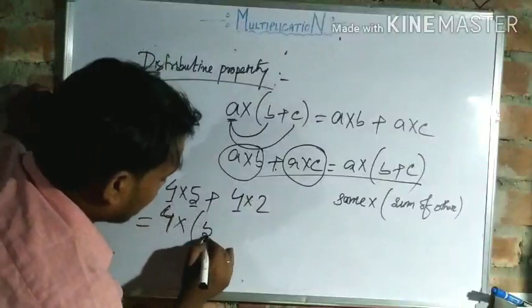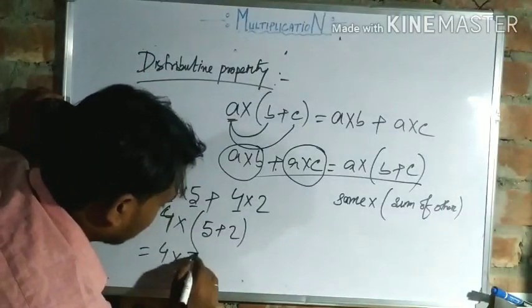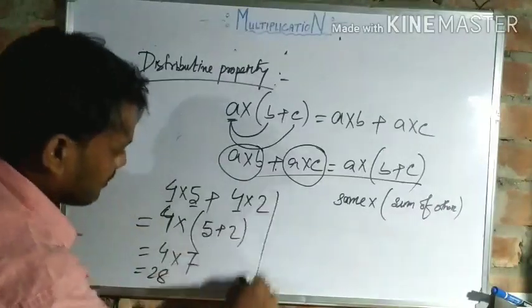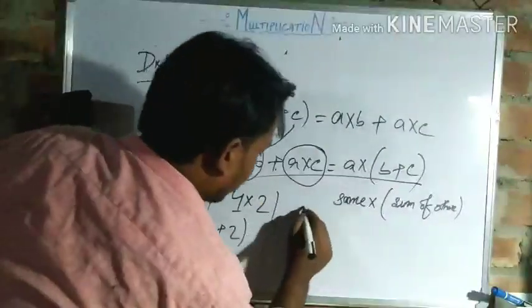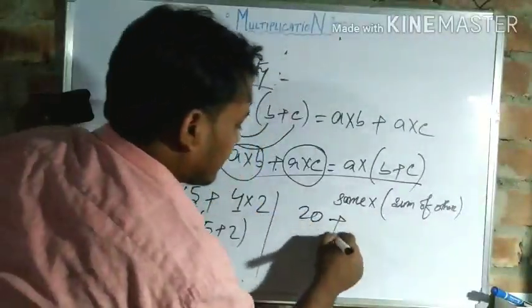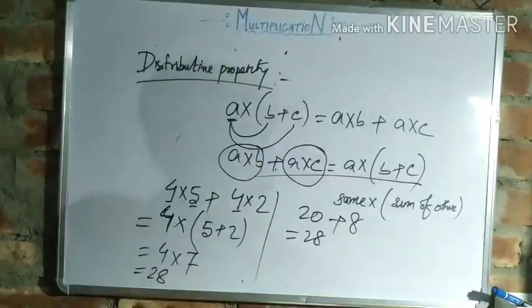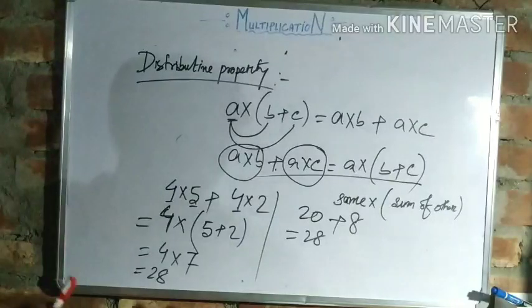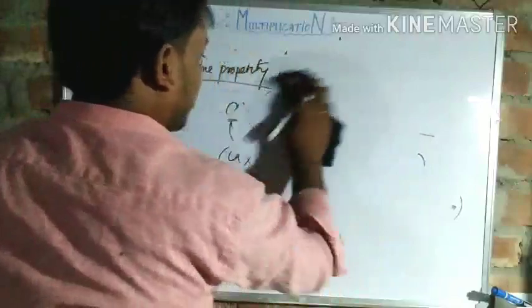So 5 plus 2, so 4 into 7, and 4 times 7 is 28. Or if we directly find the value, 4 times 5 is 20 and 4 times 2 is 8, 20 plus 8 is 28. So in both cases the value is equal. It is generally for class 4.